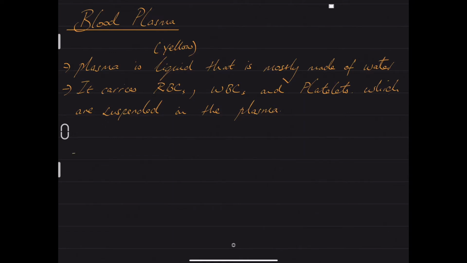Next point is that blood plasma carries many dissolved substances around the body.